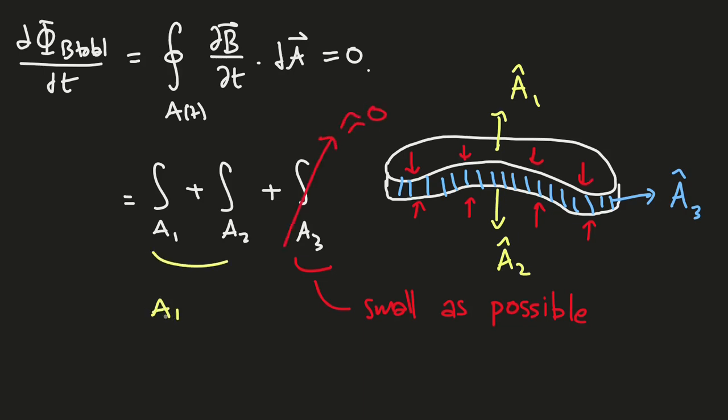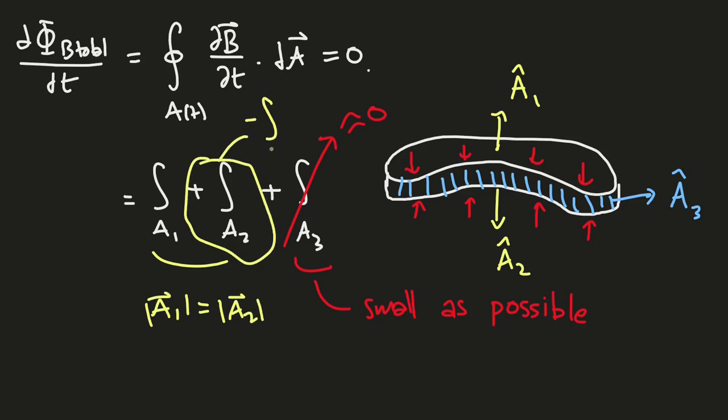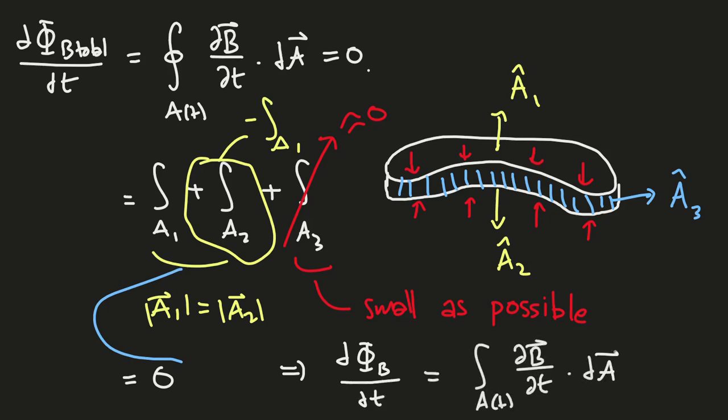So here we get that the A1 area has the same magnitude as the A2 area but in a different direction, which leads this equation to equal 0. And the conclusion, we get that the flux rate of change along time is equal to this, which I remind you that this integral here relates to the rate of change of flux only along A2 or A1.